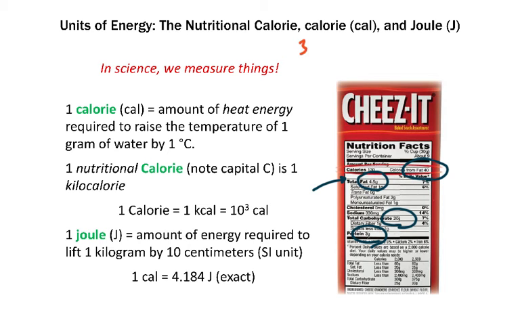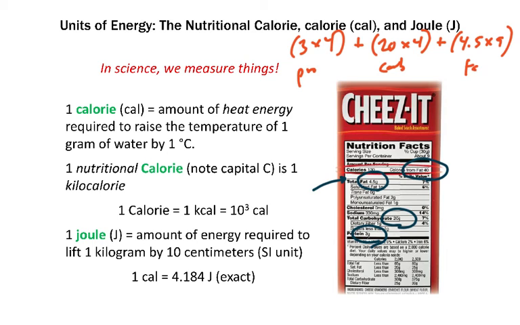So 3 grams of protein times 4 calories per gram, plus 20 grams of carbs times 4 calories per gram, plus 4.5 times 9 calories per gram for fat, which we know is 40, and it equals 132.5, which would round to 130 calories. So you can actually make some sense of where these numbers come from on a label.